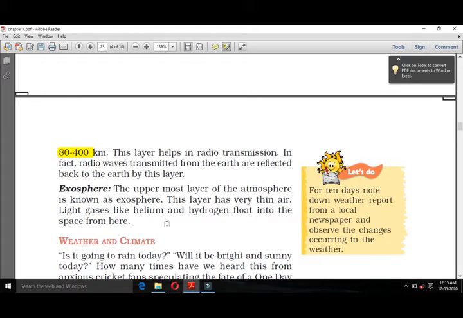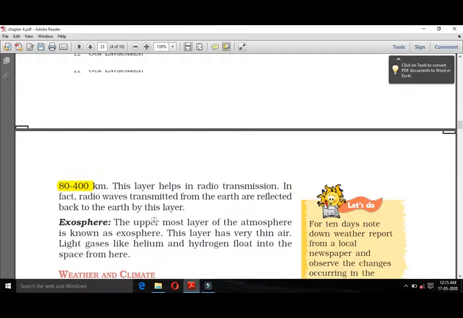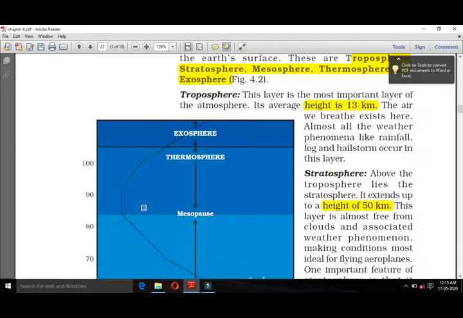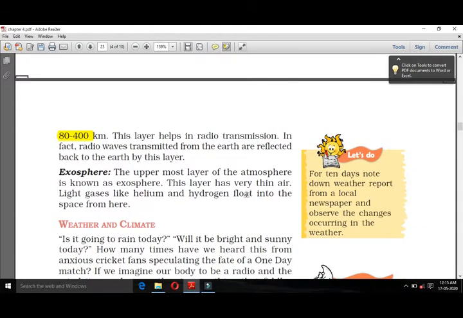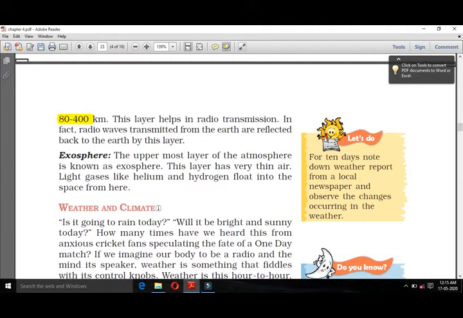And then the exosphere. The exosphere is the uppermost part, and it is almost 10,000 kilometers, not written here. Here you can find mostly nitrogen, and this layer has very thin air. Light gases like helium and hydrogen float into space from there.